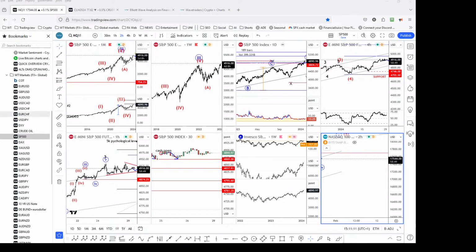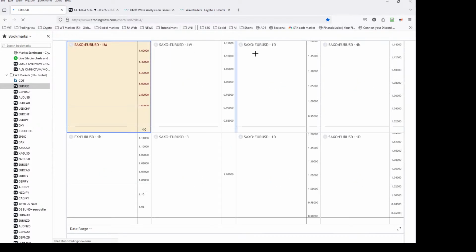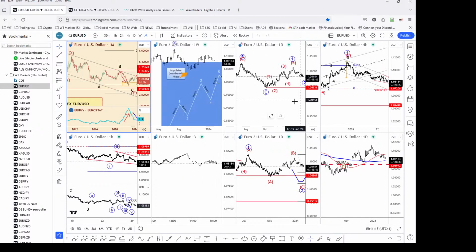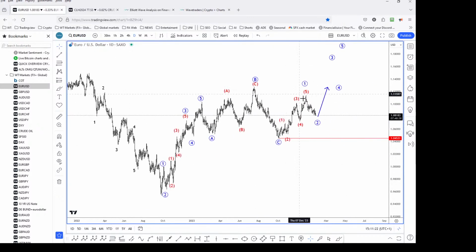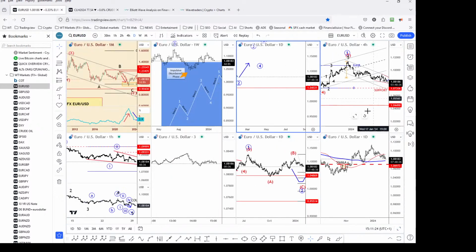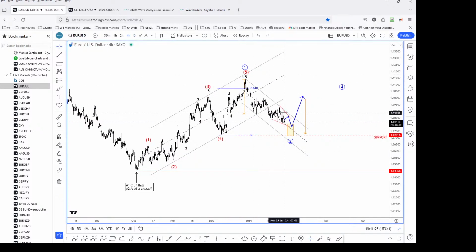Okay, now let's take a look at the euro dollar. So yeah, last week, as I said, the ECB did not give us any kind of new important details here. So the market just remains in this current bearish intraday cycle. But what I like so far is that we have some very deep pullback unfolding here, potentially for a wave 2.